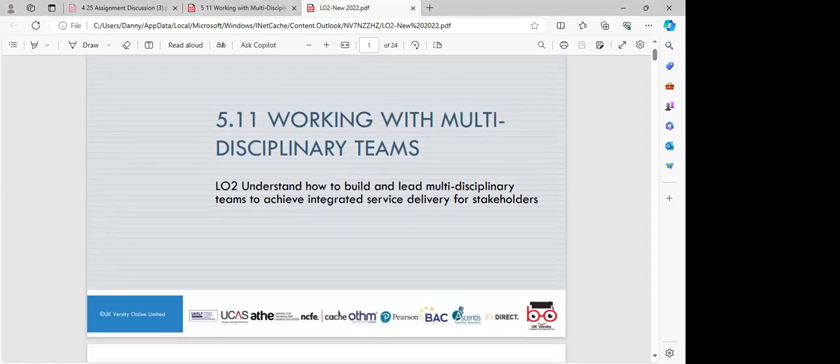So as I clearly indicated, recording on. We have to understand how to build and lead the multidisciplinary teams to achieve an integrated service delivery for stakeholders.